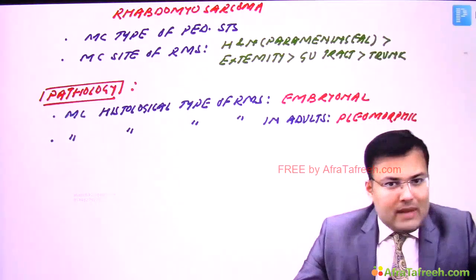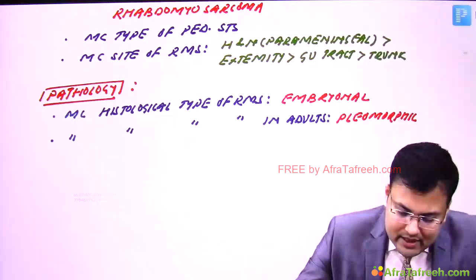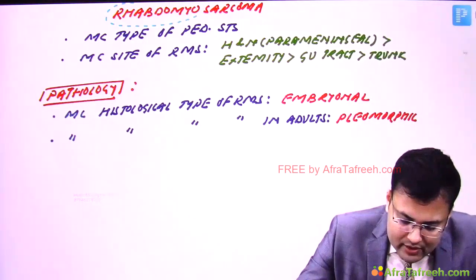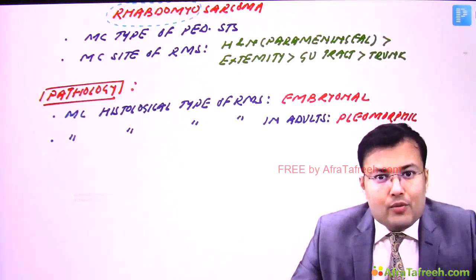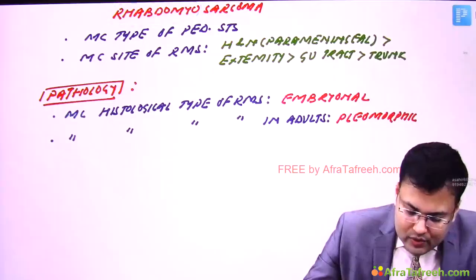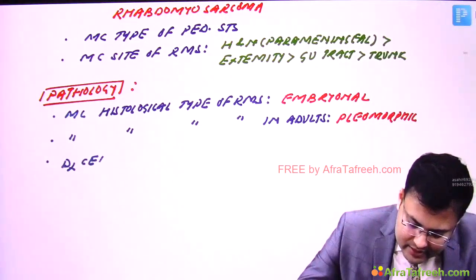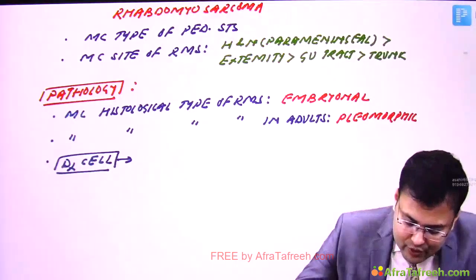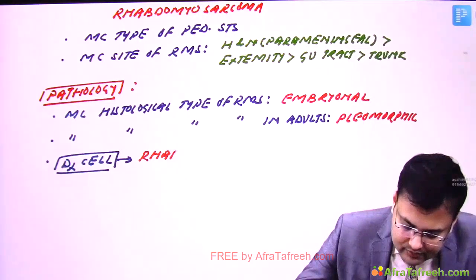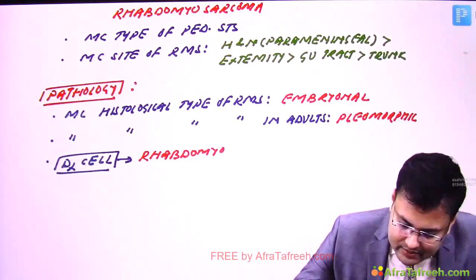Now the name of this malignancy is rhabdomyosarcoma. So what is the diagnostic cell? It is the rhabdomyoblast. Okay. Clear?